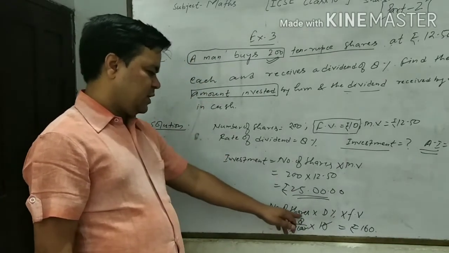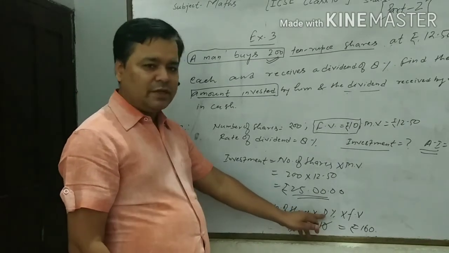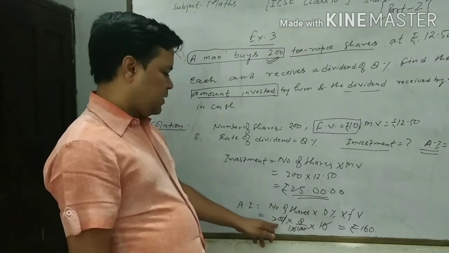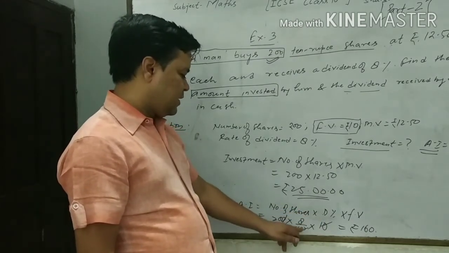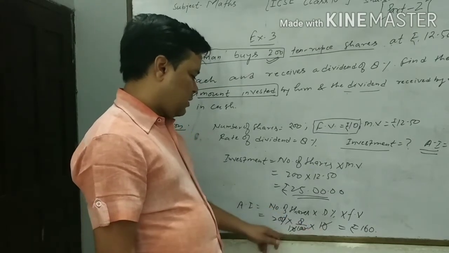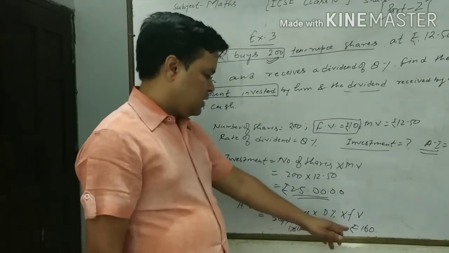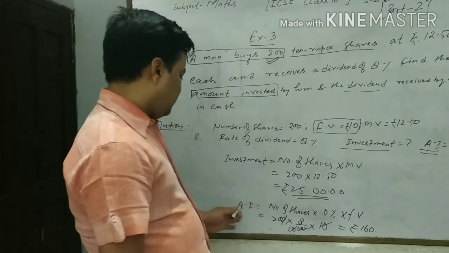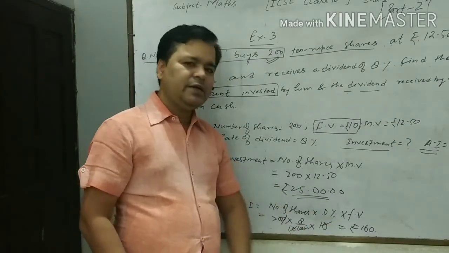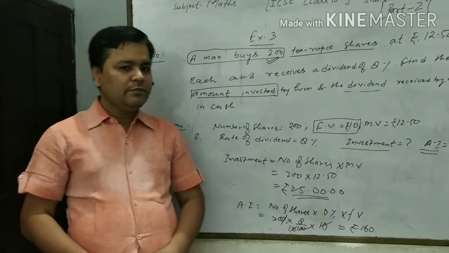Formula, number of shares into rate of dividend into face value. So number of shares 200, rate of dividend 8 by 100, into face value, that is 10. After calculation, we find that the amount of dividend or annual income is 160 rupees. Okay.